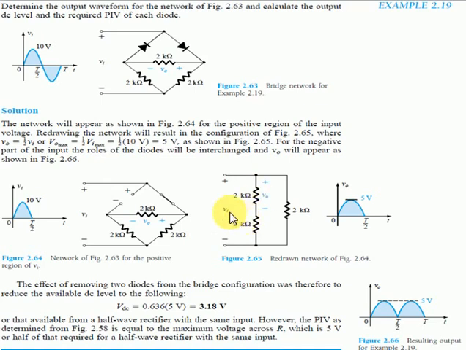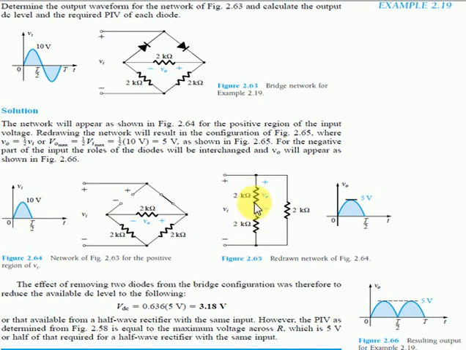As we know, this Vi is parallel to this branch containing two resistors, and these two resistors are in series. It means we know the value of the total voltage given to these two resistors, and that voltage is Vi, which is 10 volt.